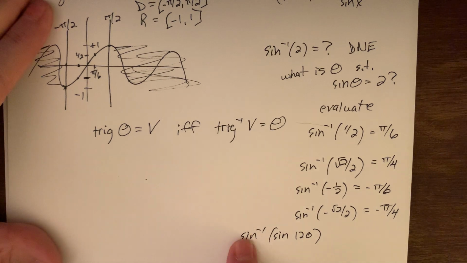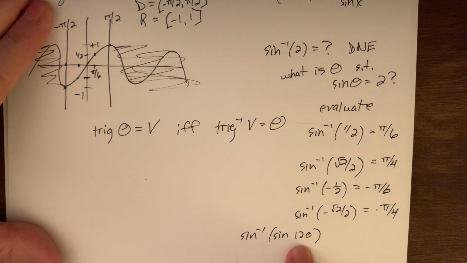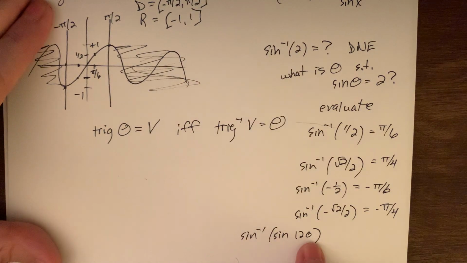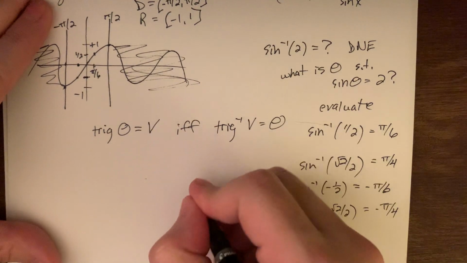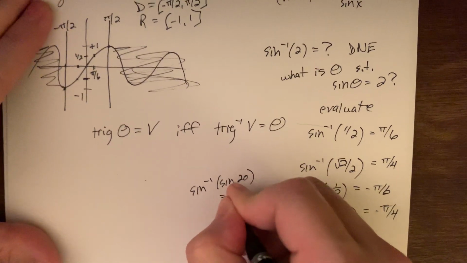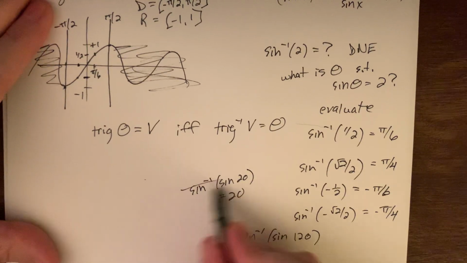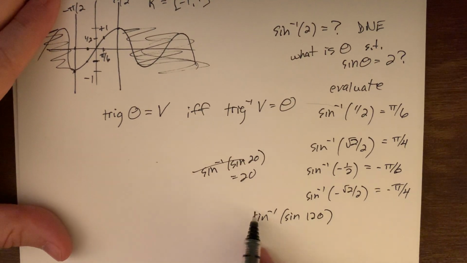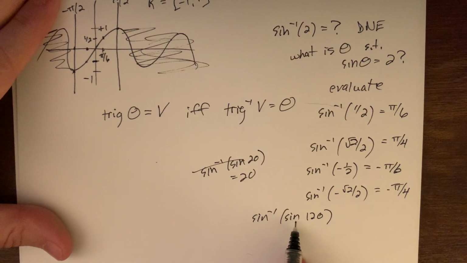So if this was inverse sine of sine of 20, 20 degrees is between negative 90 and positive 90. They'd cancel and you'd get 20. Let me even write that out. Because essentially, again, these are just canceling. They're undoing each other. But right here, that's not in the right restriction.